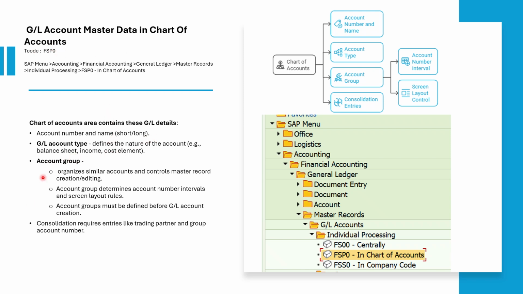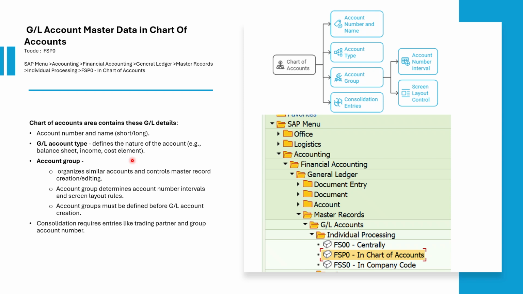And here what happens, as I told you, when you start creating chart of account area, it will contain three details, basically account number and name, which will be valid across company codes. Then we will have GL account types, where you define what is the nature of this account, whether it is a balance sheet account, or an income statement account, or a cost element account, primary or secondary cost elements.